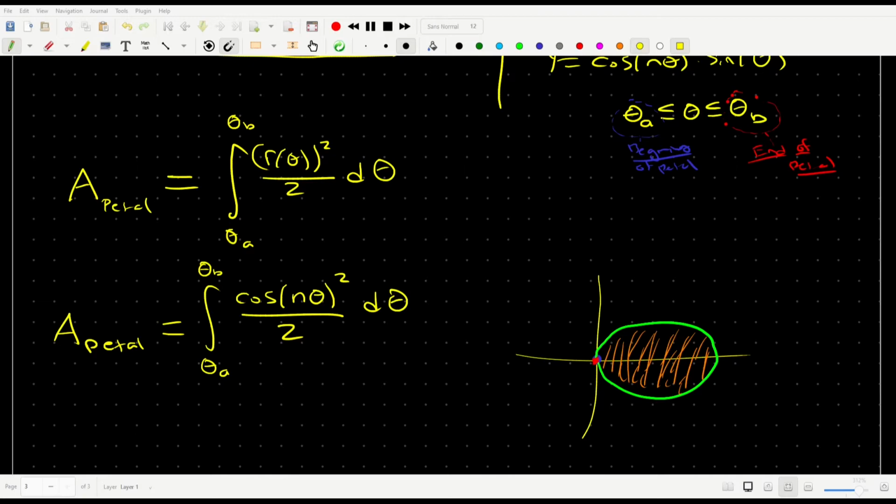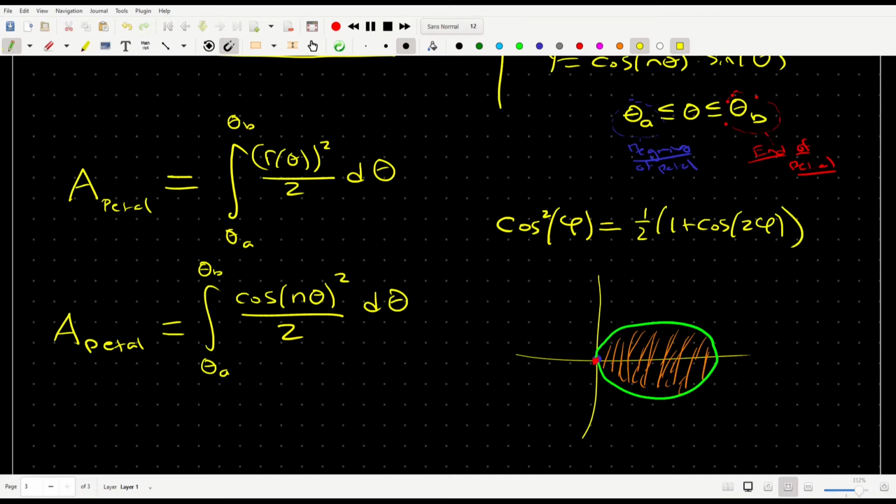You'll recall from your Calculus 2 class that cosine squared of any angle phi will always be equal to 1/2 times 1 plus cosine of 2 phi.